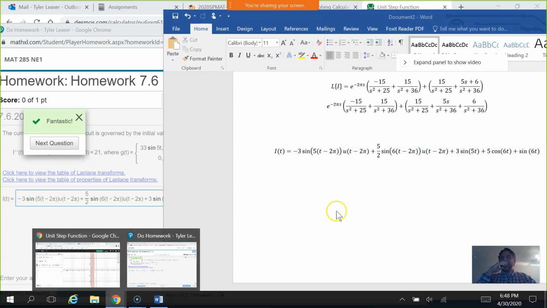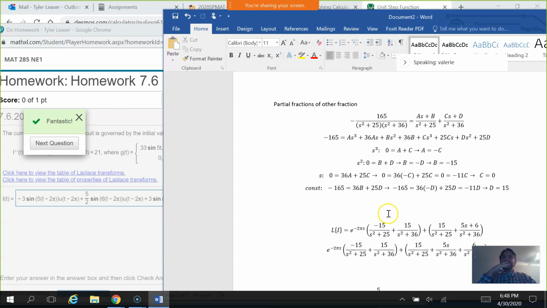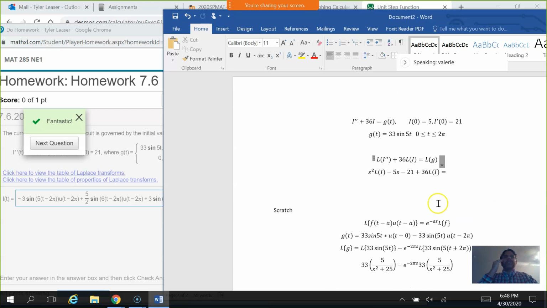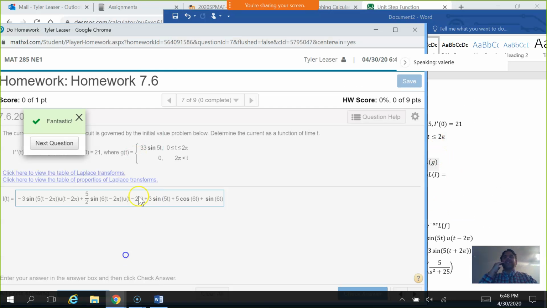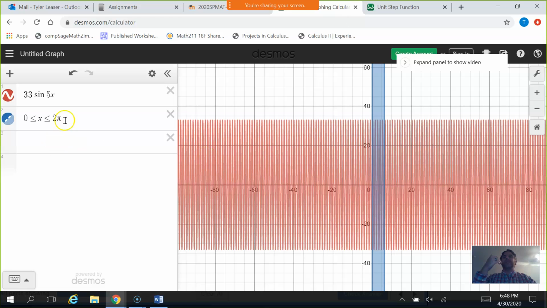Can you go through the u's one more time? Sure. So the u's are all based on the right-hand side over here, this g function that only exists between 0 and 2 pi. So we want it to be this function between 0 and 2 pi, and that's what these g functions are doing.